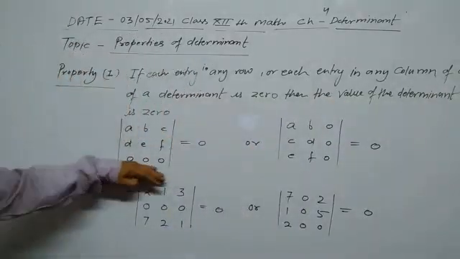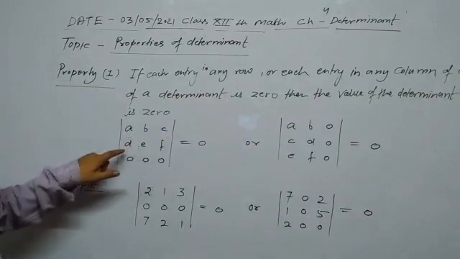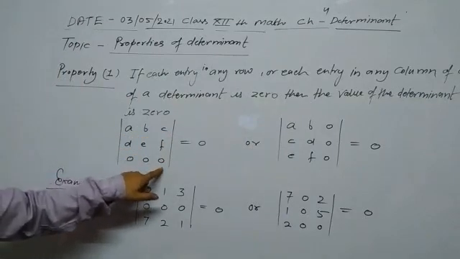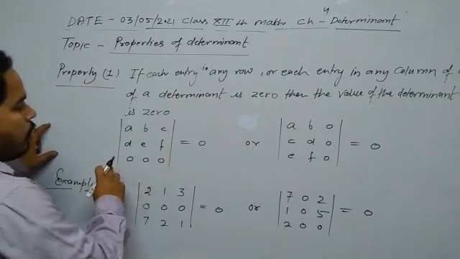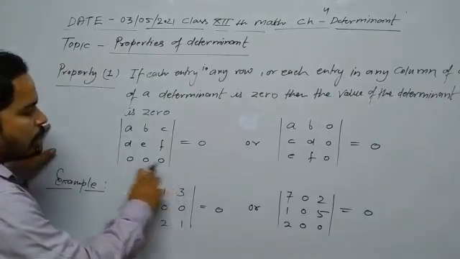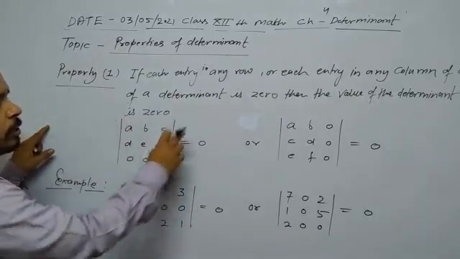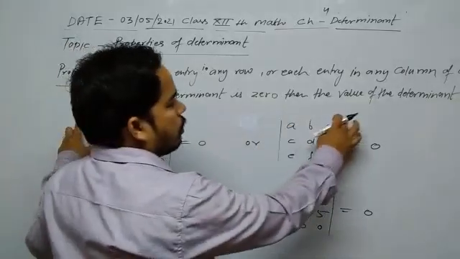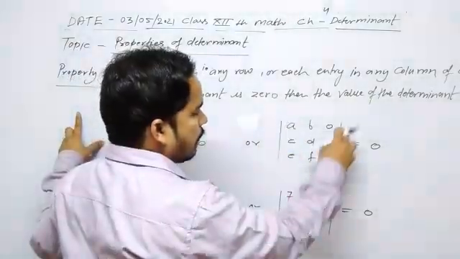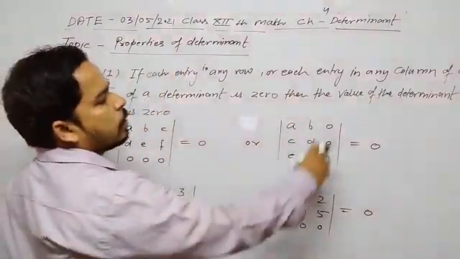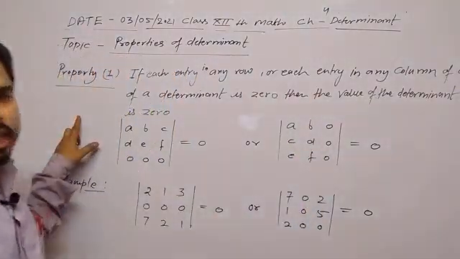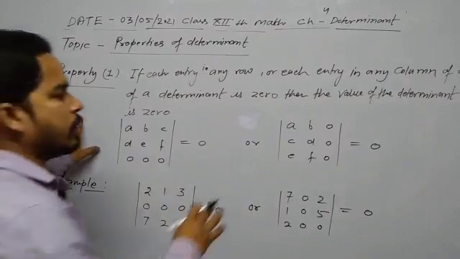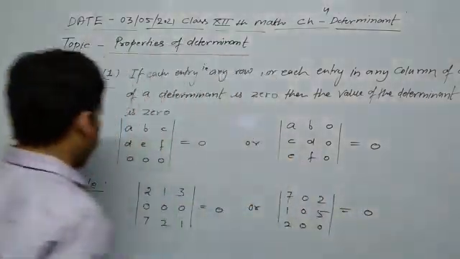The concept is here: A, B, C, D, E, F, 0, 0, 0. Every element of R3, the third row, is 0, so the determinant will be 0. Similarly, in this determinant the column C3 is 0. All the elements of column 3 are 0, so its result will be 0.